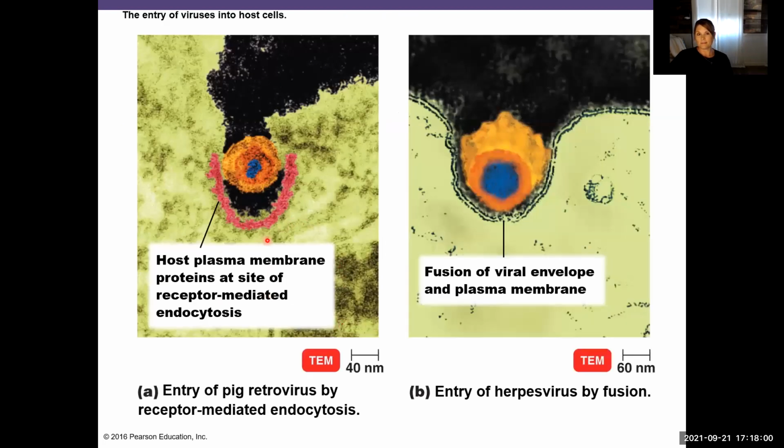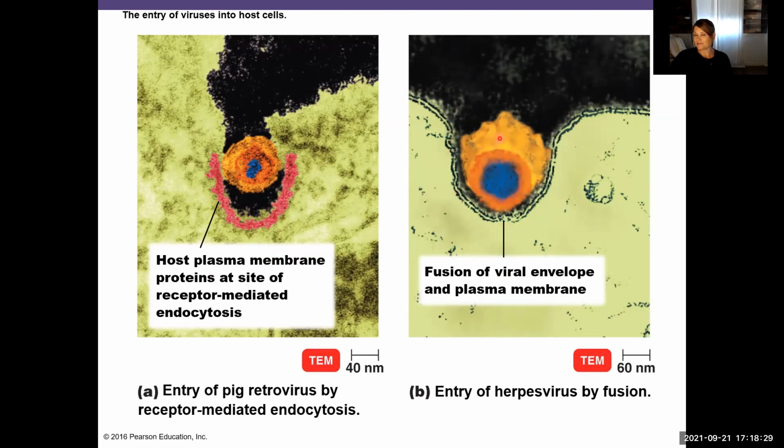So here's an example of entry into the host. So here is the fusion. You can't really see this here, but the viral envelope is actually just fusing with the host cell membrane. By fusing, the viral envelope just becomes part of the host cell membrane.